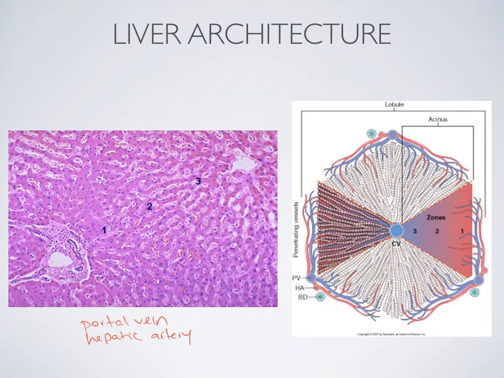So you have two blood supplies coming into the liver simultaneously. Oxygenated blood, which is there to give nutrients to the blood, and then the portal venous blood, which is there for the detoxification process. And then you also have your bile duct. So blood is coming in here, and it's traveling this way, and it's all going to go out the central vein.